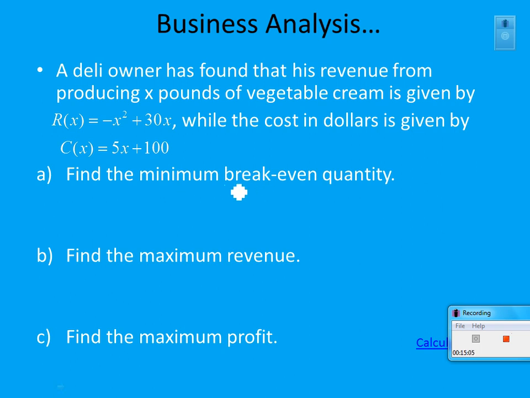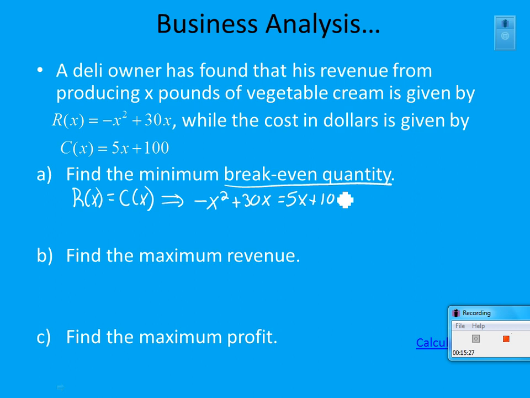Remember, break-even quantity, that happens when my revenue is equal to my cost. My revenue is equal to my cost. So when I do that, I'm going to have negative x squared plus 30x equals 5x plus 100.